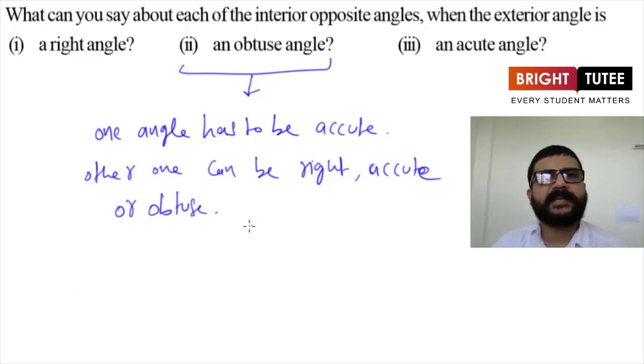So it means if an exterior angle is an obtuse angle, then the interior opposite angles will have one angle as acute and the second one can be either a right angle, an acute angle, or an obtuse angle, as we have seen in all three cases just now.